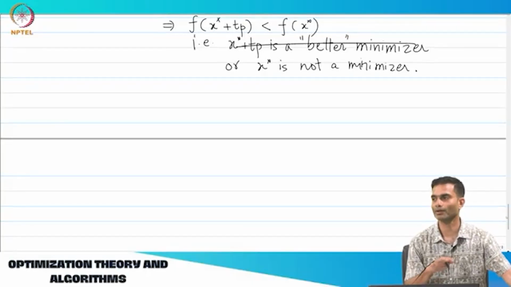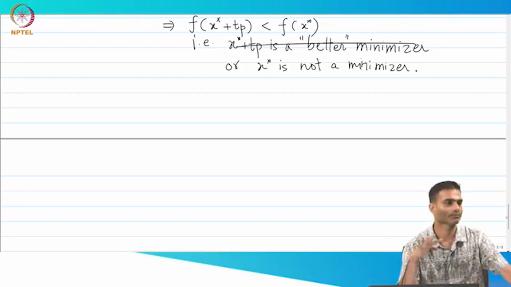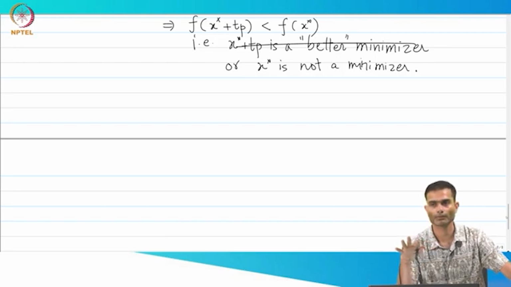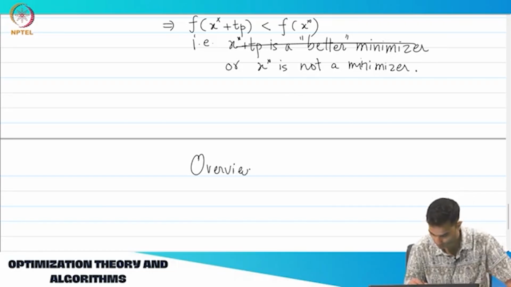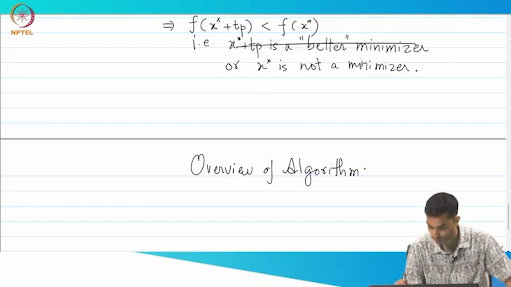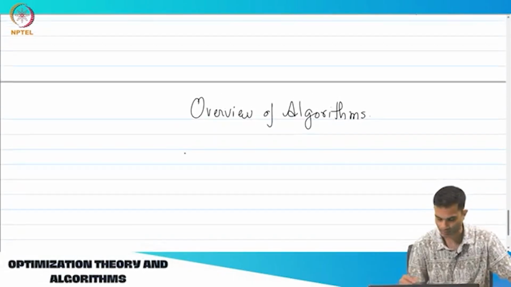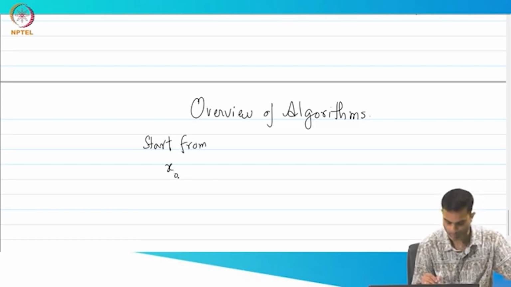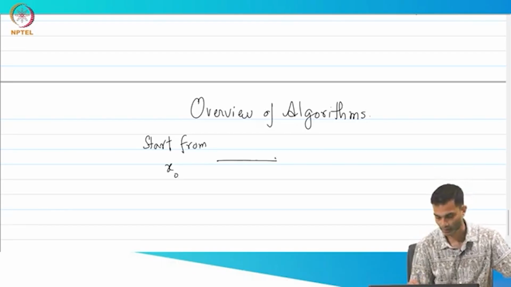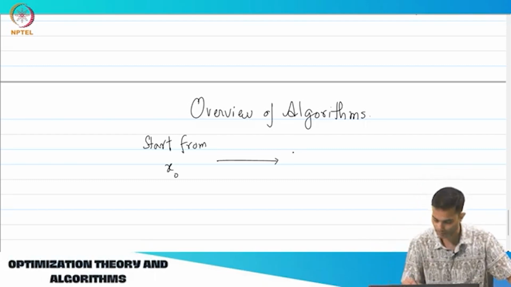Now the next thing is, having gotten this, let's give an overview of the 4 main families of algorithms that we will talk about in this course. The basic philosophy always is to start from some point x0, then you undergo a sequence of iterations.